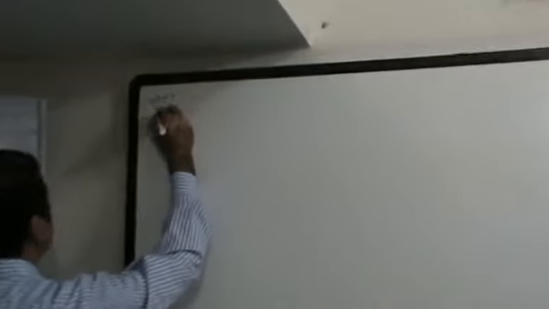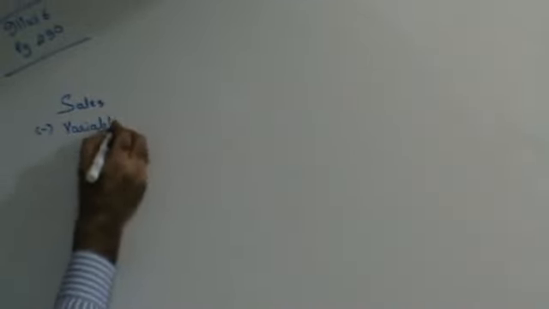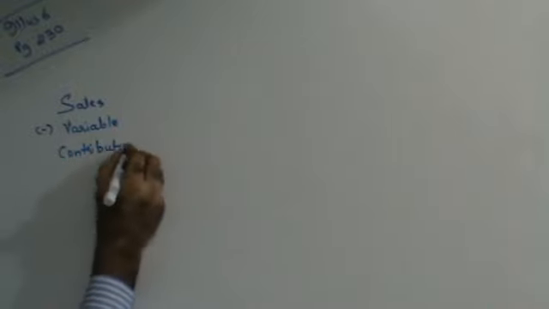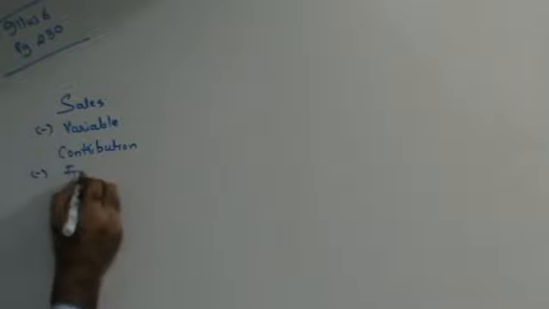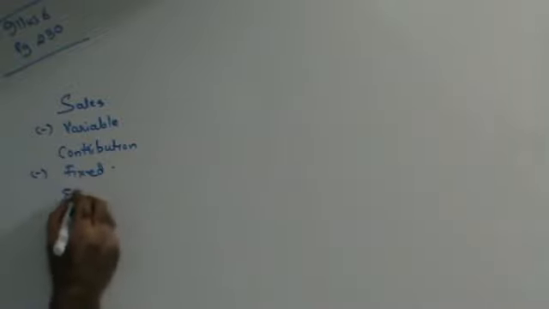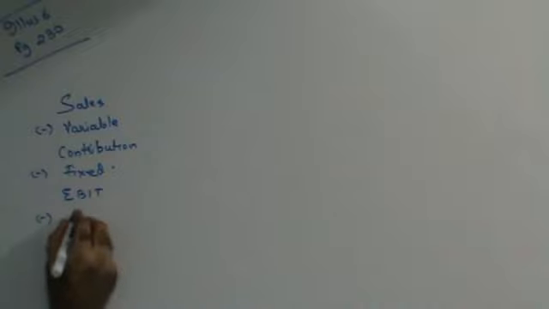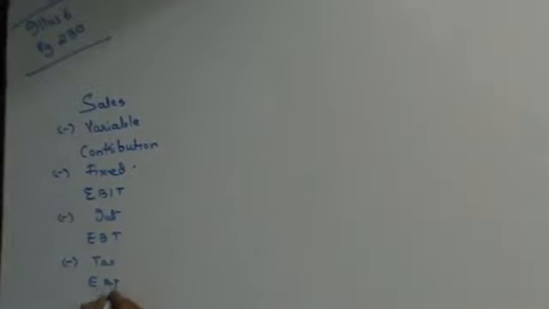We're doing illustration 6 on page 230. First you make the format. Sales less variable cost will give you contribution, less fixed cost will give you EBIT, less interest will give you EBT, less tax will give you EAT.